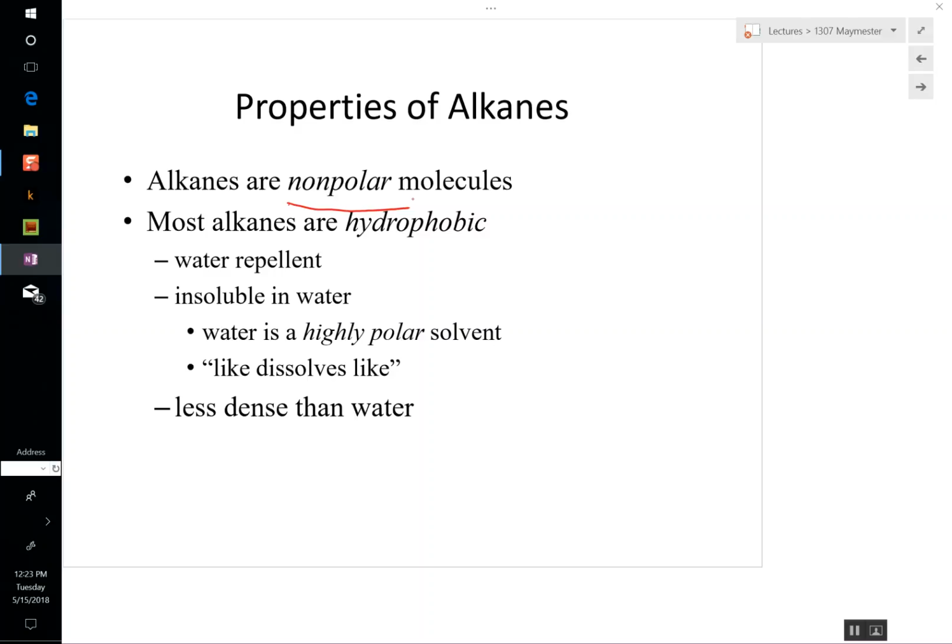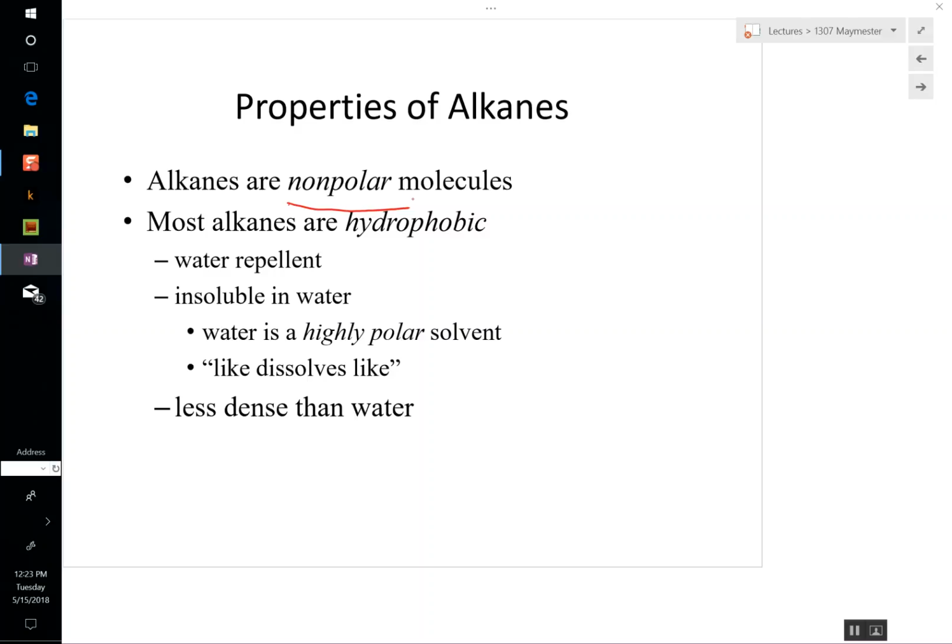So there's no polarity around a carbon-carbon bond, and there's very little polarity around a carbon-hydrogen bond, leading to a fairly nonpolar molecule. It's got a whole lot of nonpolar bonds. That makes it nonpolar. Water is polar, and that means that these things are not soluble in water. Like dissolves like. Water is a polar solvent. It will dissolve polar substances.